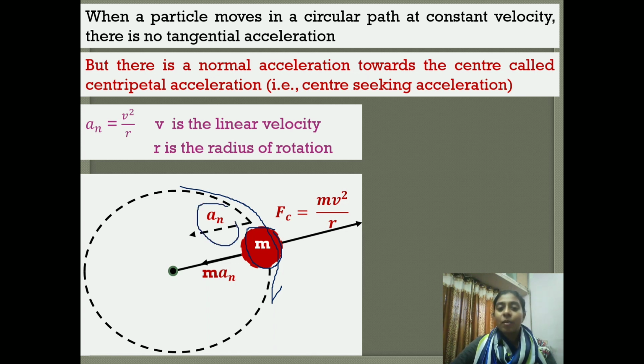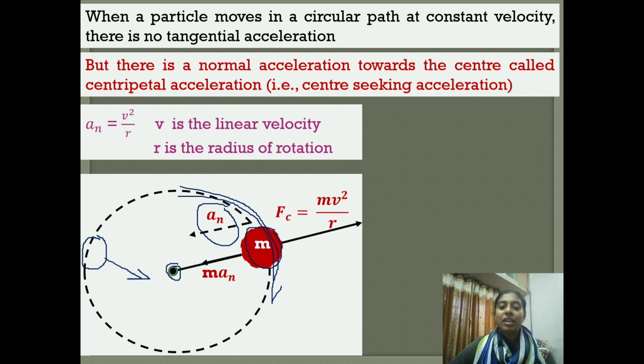This is the normal acceleration towards the center. If this is the curve, this will be the center of the curve, so the normal acceleration will act towards the center. If the mass is here, the normal acceleration will act like this towards the center.